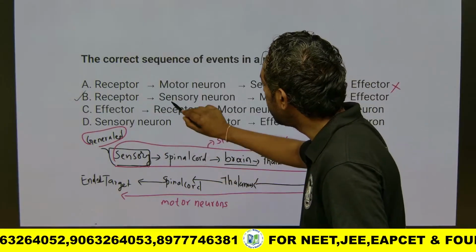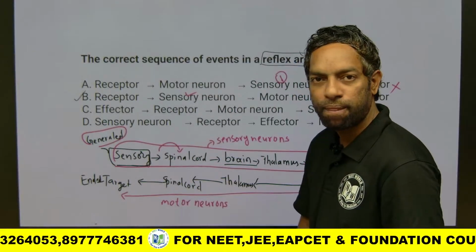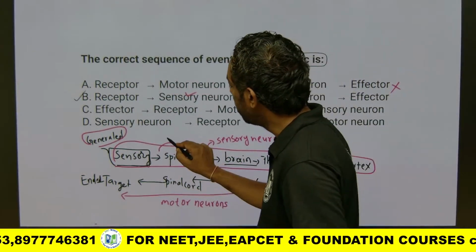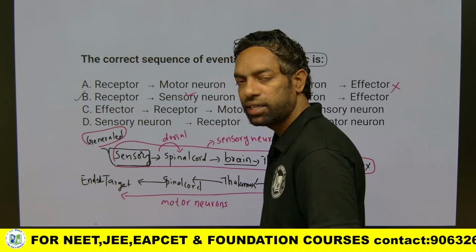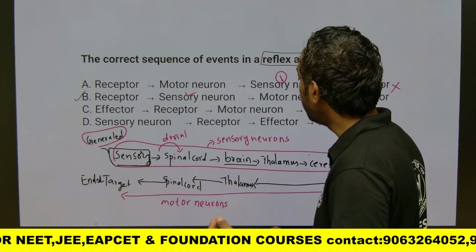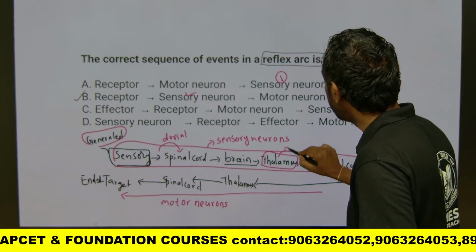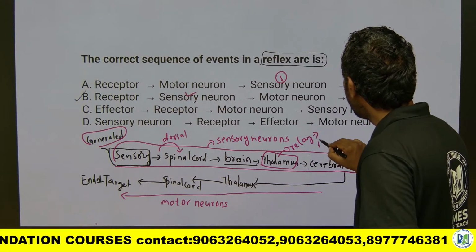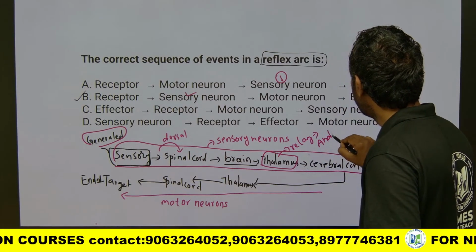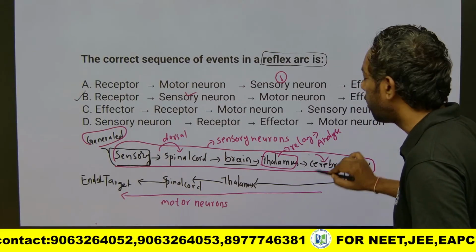These sensory signals first reach the spinal cord from the dorsal part of the spinal cord. They can send the signal into the brain, where the thalamus is the relay center. They analyze and give the signal to the cerebral cortex.